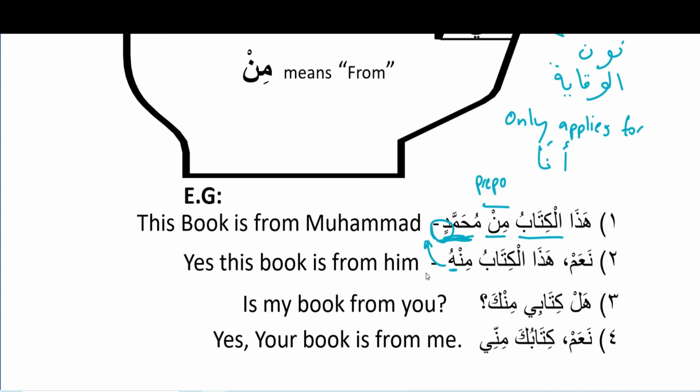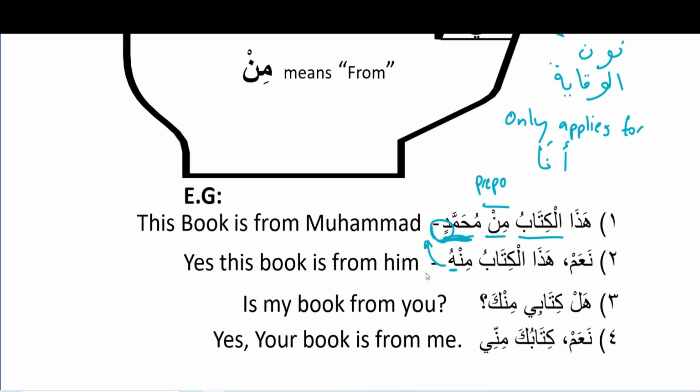The way we apply dhamir muttasil in our conversation on a basic level, it has to be related to something or someone that we mentioned before. For this case, for example, we mentioned Muhammad in the previous sentence or previous conversation. Then you don't want to mention his name again. You just want to use a dhamir. You can use either dhamir munfasil or dhamir muttasil.